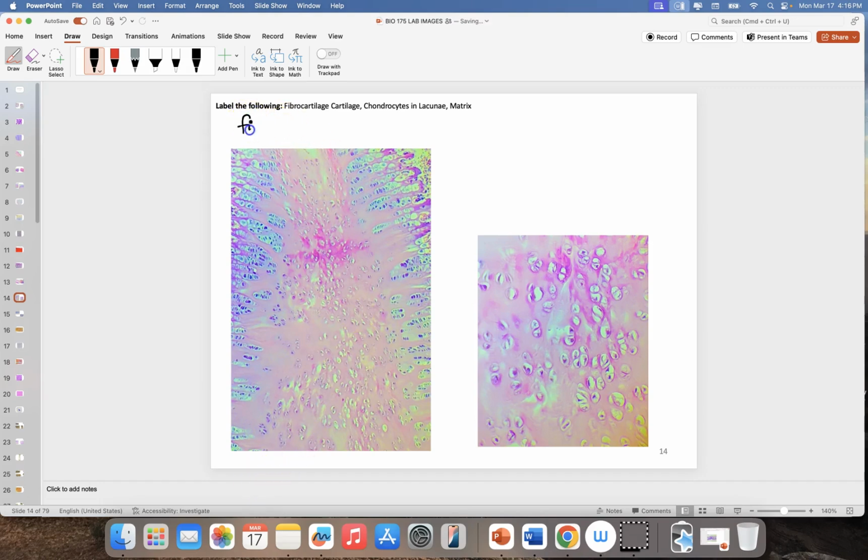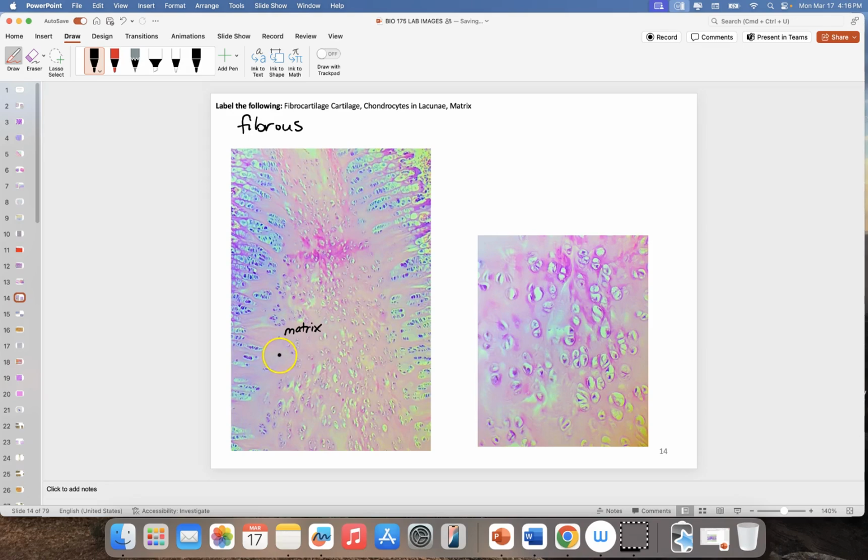Fibrocartilage is also sometimes called fibrous cartilage. And I think that's helpful because when I look at this tissue underneath the microscope, I can almost see in the matrix here, here's our matrix, I can almost see painted on collagen fibers.